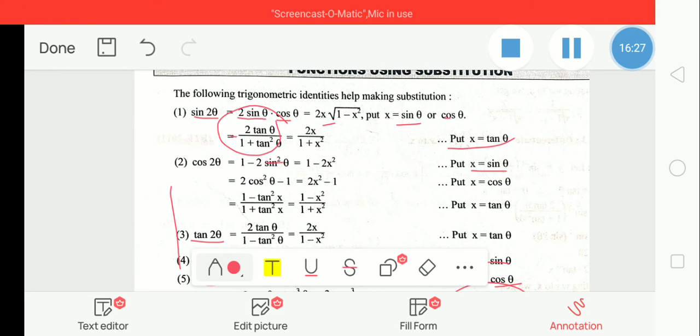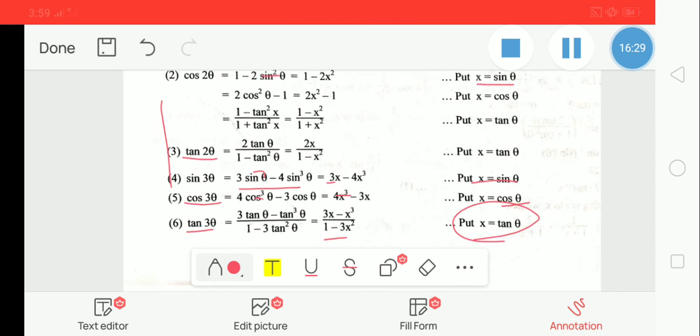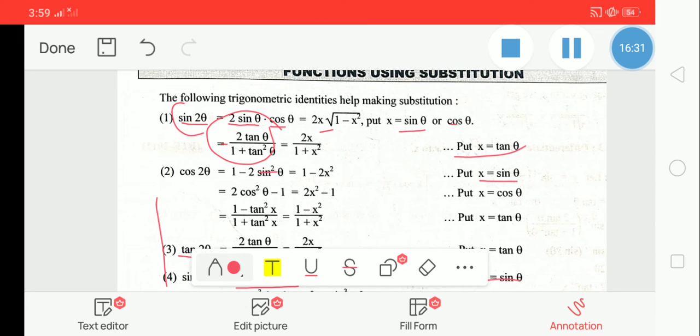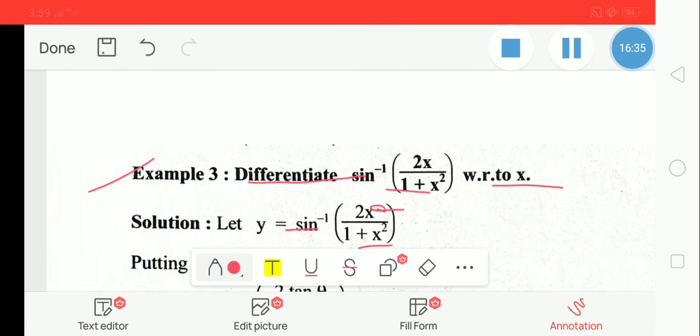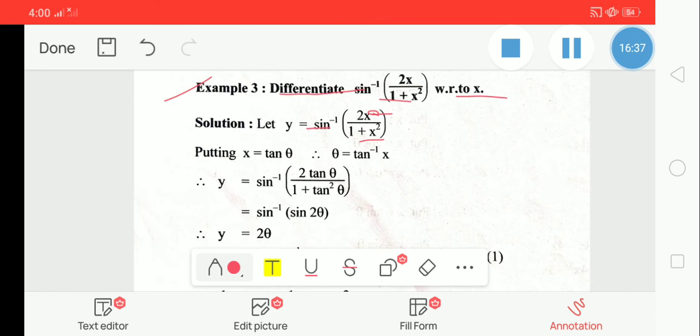So 2 tan of theta divided by 1 plus tan square of theta, that is sin of 2 theta.